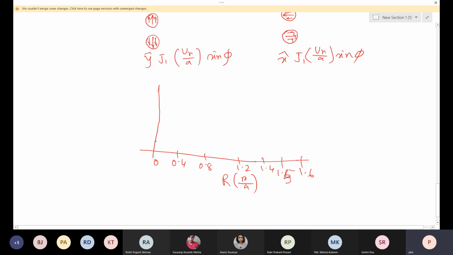So if I plot the intensity distribution, this is the LP01 mode, where we have one peak, and for the LP11 mode we will have two.